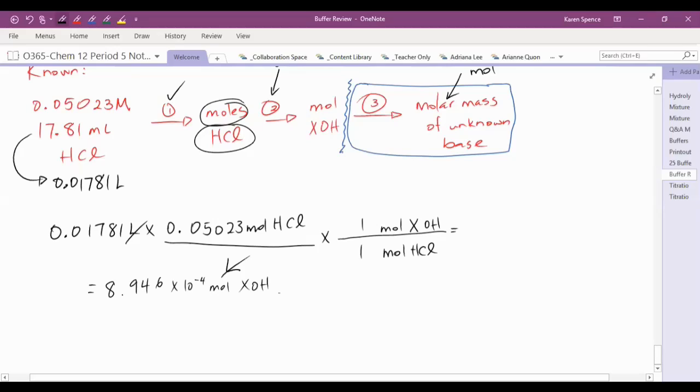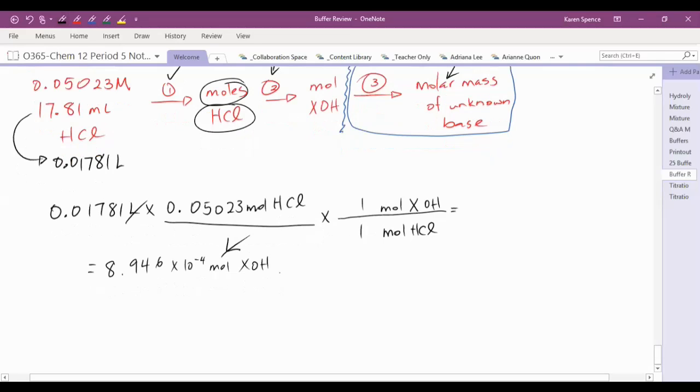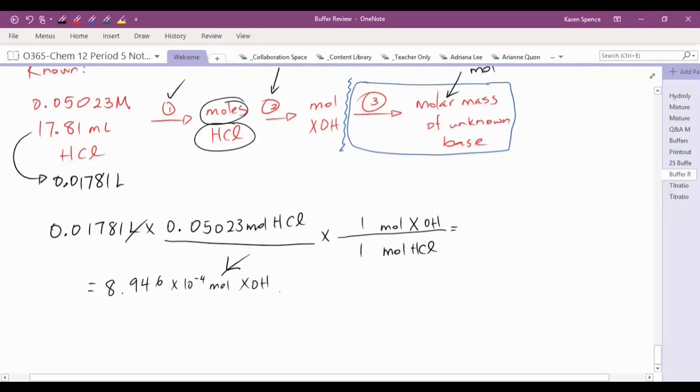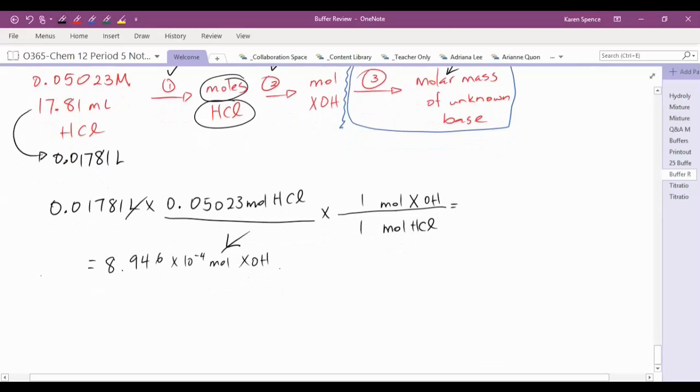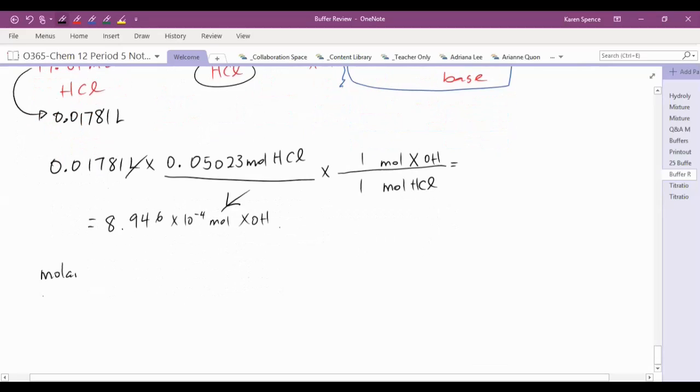If this was a question that you were doing on a test, you would get 2 marks out of 3, for example. Now we need to do our last step. We need to find the molar mass of the unknown base. The key thing about knowing this is knowing the units of molar mass, which are grams per mole.